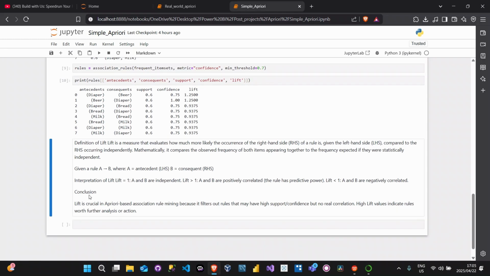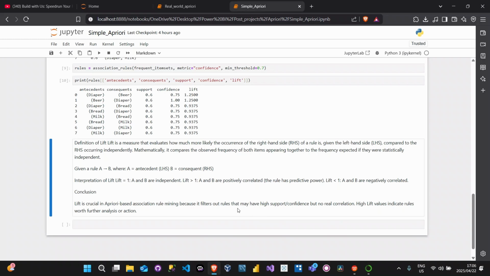What we need to understand is that the lift is crucial in apriori based association rule mining because it filters out rules that may have high support and confidence but no real correlation. So we are saying if the lift is over 1.5, there is a higher chance that those two products will be bought together. The lower it is from 1, the less likely that product will be bought together.